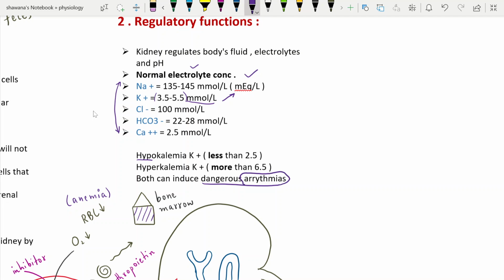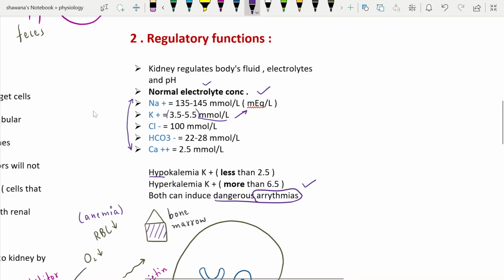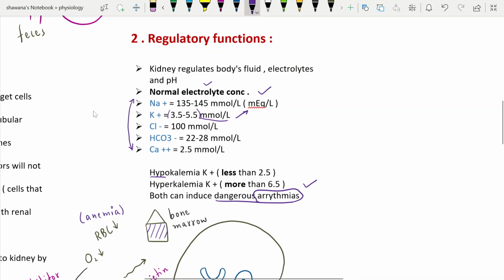Arrhythmias means irregular beating of the heart, irregular cardiac rhythms. So they can induce cardiac arrhythmias, and it can be very fatal to the body. Okay, sodium, potassium, calcium, bicarbonate, and chloride.